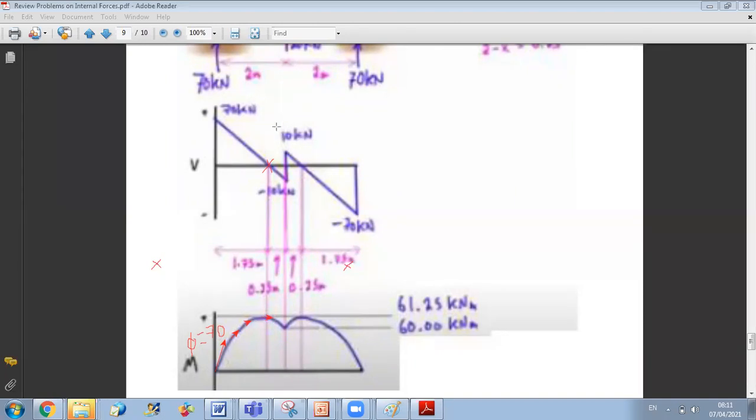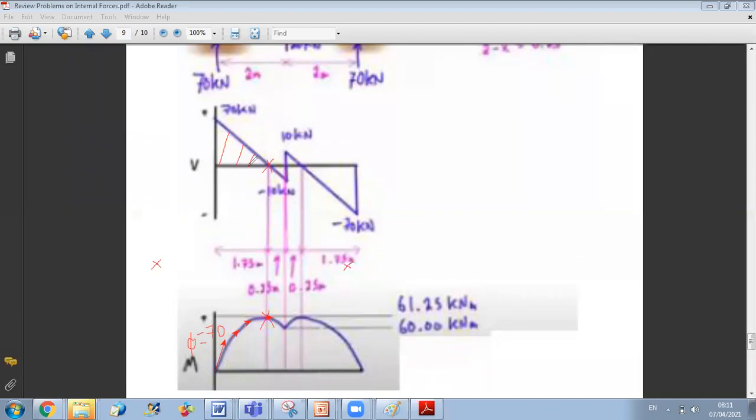Now, to determine the value of the moment at this point, we should find the variation delta M between this point and this one. It's equal to the area under the V curve. So I should calculate this area.